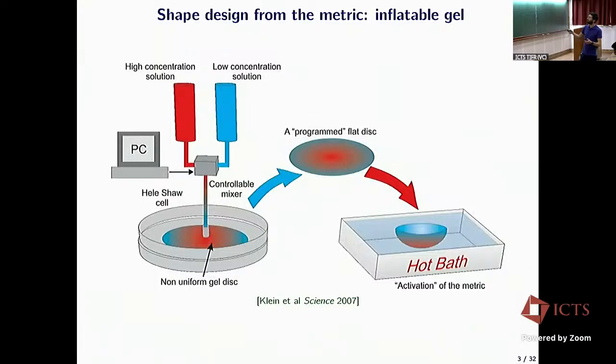You can program a metric with a positive Gaussian curvature and end up with this shape. Note that in this problem, you do not control the full metric. You can just multiply the metric locally by a constant.